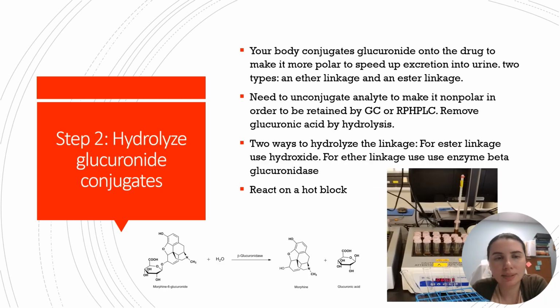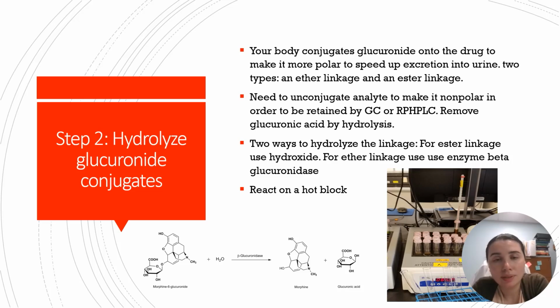Step 2, hydrolyzing off the glucuronide. So the body conjugates glucuronides onto drugs to make them more polar and to speed up their excretion into urine. There are two types of glucuronides, those with an ether linkage and those with an ester linkage. We, especially in our lab, need to unconjugate the analyte to make it nonpolar so that we can analyze it by reverse phase HPLC.